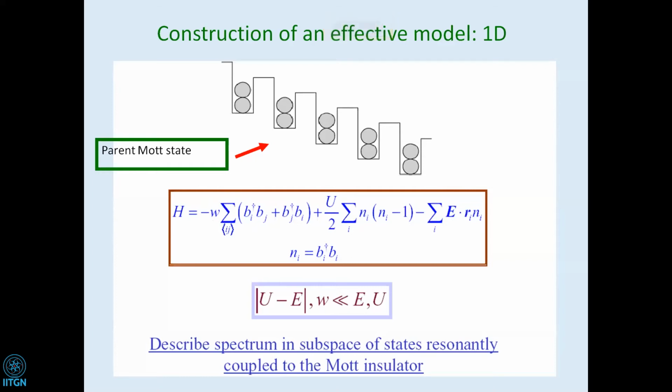But first, let's look at the situation when I just have the electric field but no interaction potential. Then it's a single-particle problem. It's a quantum mechanics problem because you can solve it exactly, and it is known as the Wannier-Stark ladder.